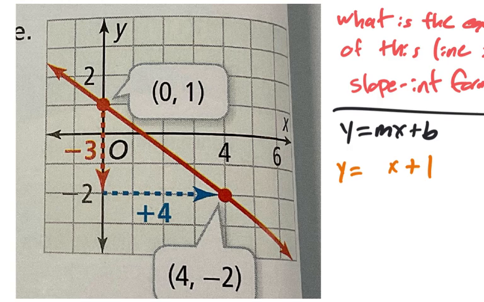You see how this misses, and this. So you're going to pick points that are on crosshairs and then figure out the rise over the run. So if I went down 3 and right 4, that means I rose -3 and I ran +4 because I went to the right. Stop listening to me, watch. And that's it. Questions on that one?